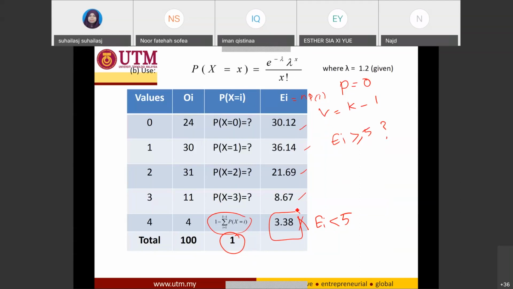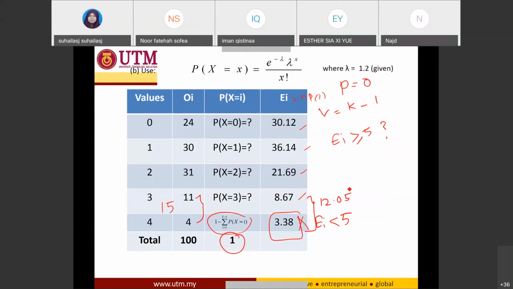So we need to combine your expected frequency and combine your observed frequency. Now you have 15 observations, 11 plus 4. Again, 8.67 plus 3.38. So what do we get? Okay, you have 12.05.